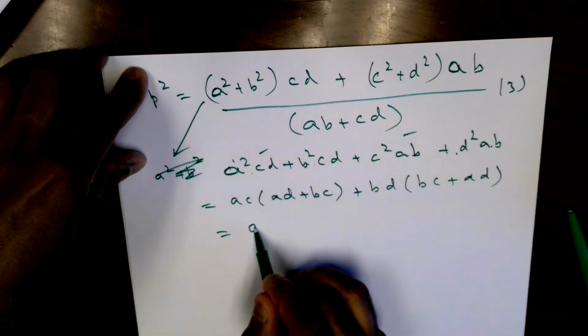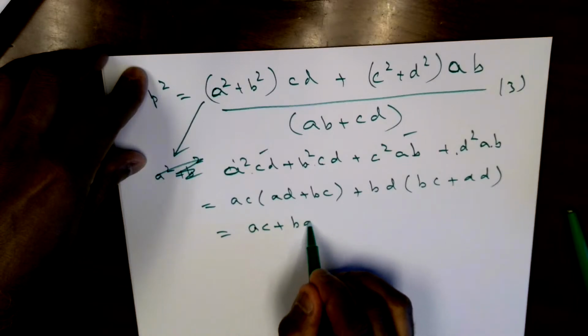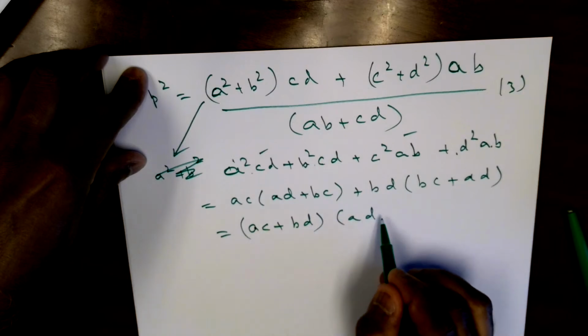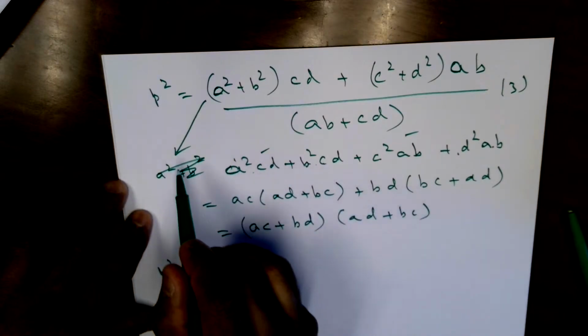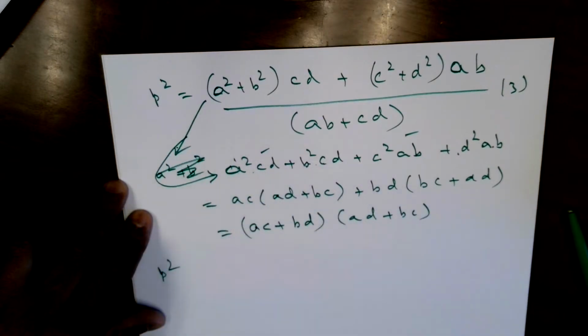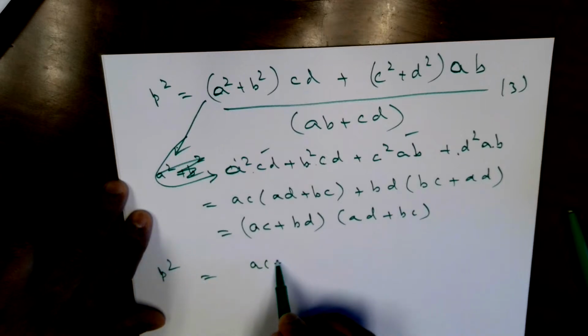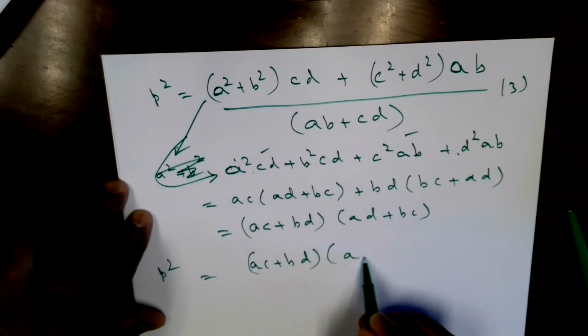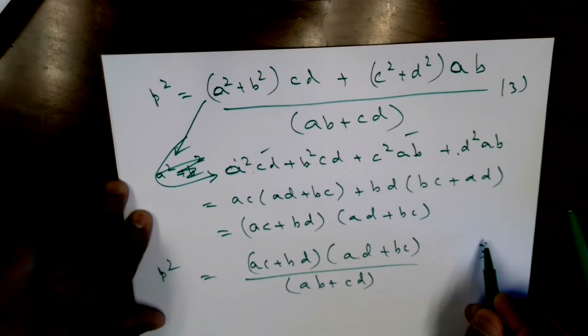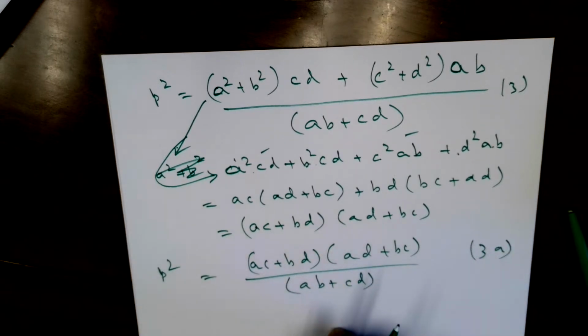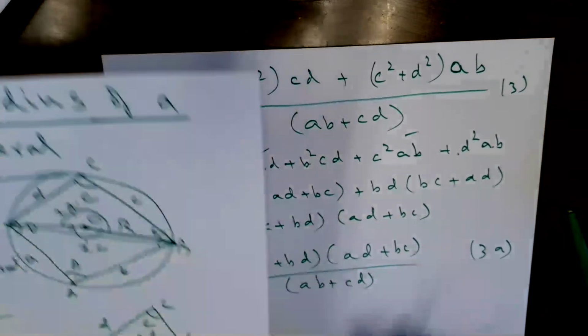So you can write this as (AC plus BD) multiplied by (AD plus BC). Let me substitute that into the numerator. So P squared turns out to be (AC plus BD) multiplied by (AD plus BC) over (AB plus CD). I'm going to take that and put this into this expression.